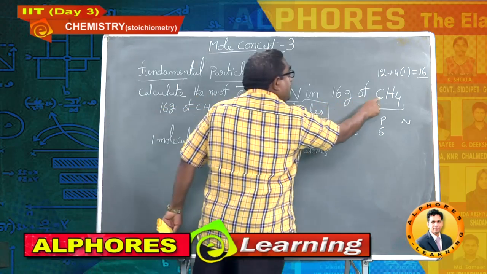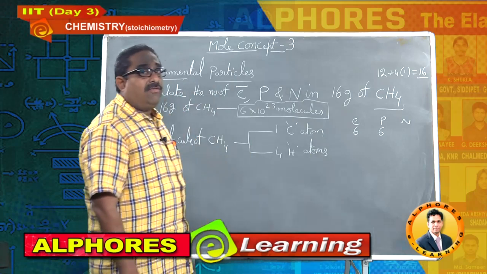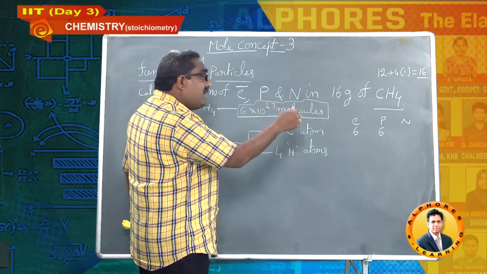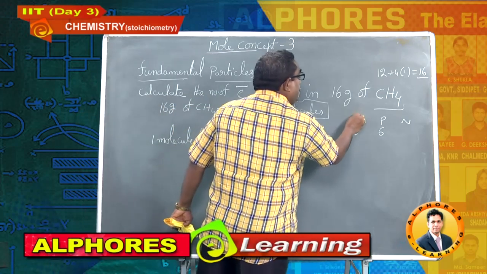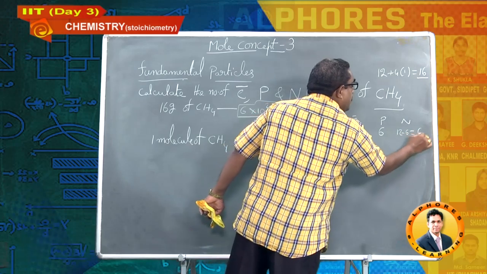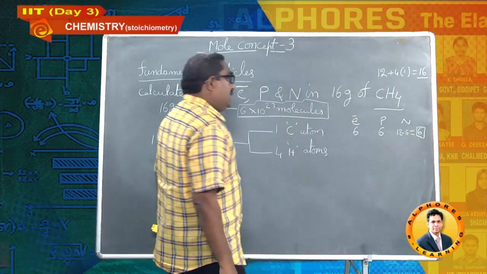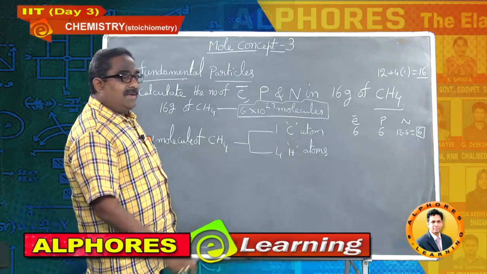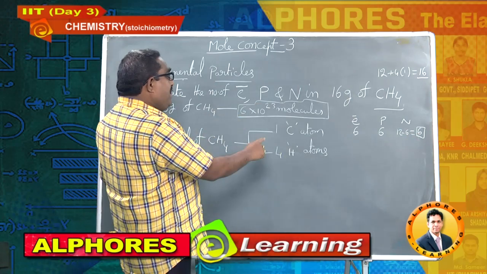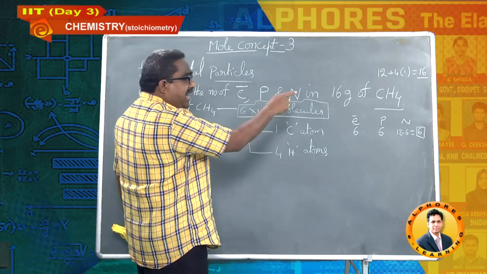But in the question nothing is mentioned. By default you should take it as C12 because that is the standard one. So, 12 minus 6 is equal to 6 neutrons. So, all three are the same for carbon: 6 electrons, 6 protons and 6 neutrons. Coming to hydrogen, it is normal hydrogen.